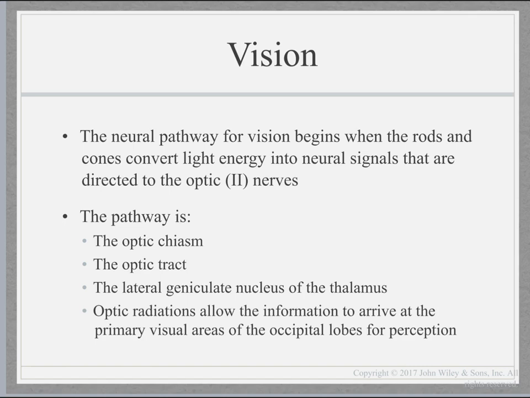Once the optic nerve leaves the eyeball, we converge onto essentially an X. If you go back to our brain dissection in AP1, we have this crossing over of cranial nerve 2, the optic nerve, forming the optic chiasm. We then follow the optic tracts to the lateral geniculate nuclei of the thalamus, and from there the optic radiations allow the information to arrive at the primary visual area of the occipital lobes for perception.